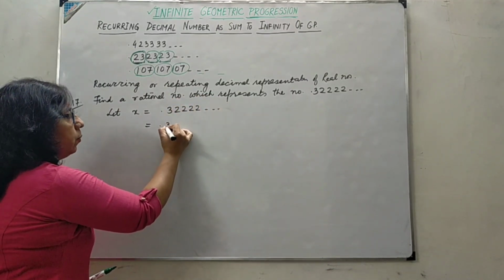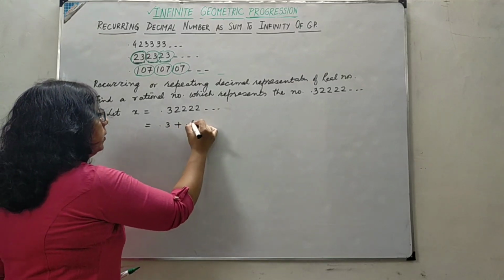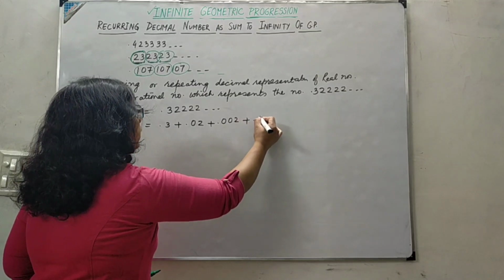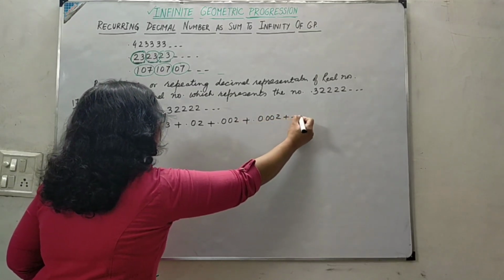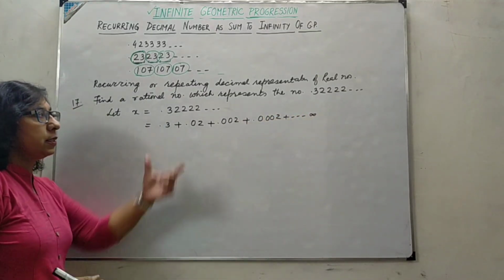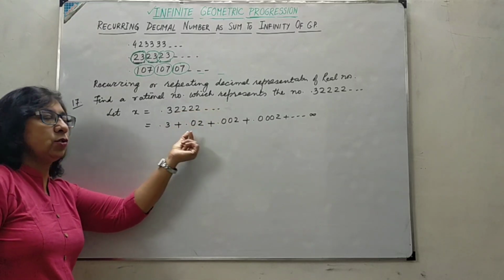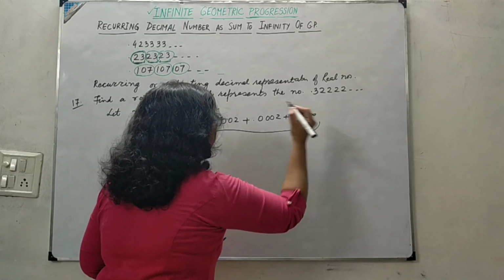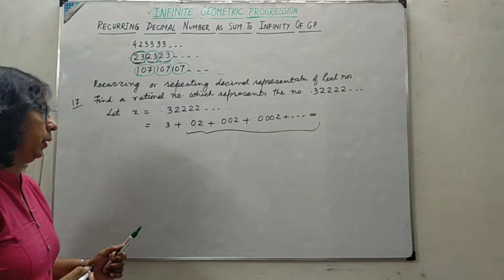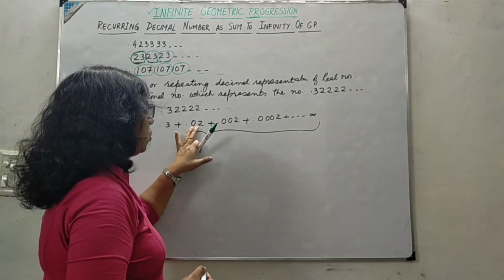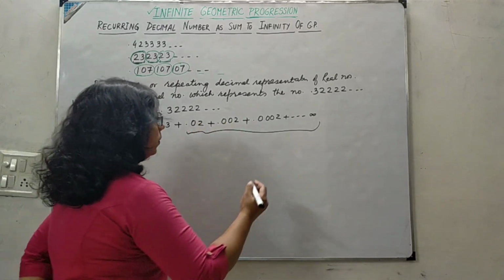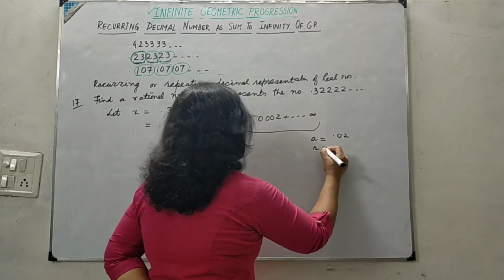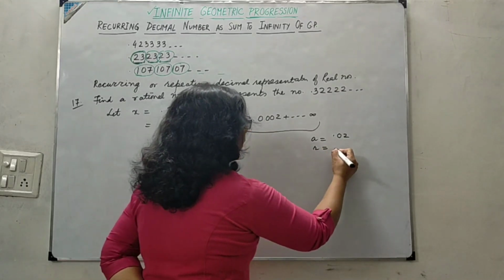Now this means actually 0.3 plus 0.02 plus 0.002 plus 0.0002 and so on up till infinity. This number can be written as sum of these all. And you can see that this is forming an infinite and further it is a GP. See how this is your first term, and here the common ratio is, A I can take as 0.02 and R will be here 0.1.